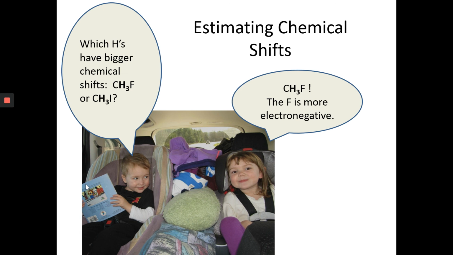CH3F, on average. Remember, F is more electronegative than I. Because it has a bigger pull on electrons, it's going to suck more electron density away from the hydrogens. They're going to have a more partial positive charge in the CH3F. Therefore, you're going to see that signal down to the left. When you look that up on the table, fluorides are typically between 4.1 and 4.6, and iodides are somewhere between 2 and 4. So it kind of makes sense.